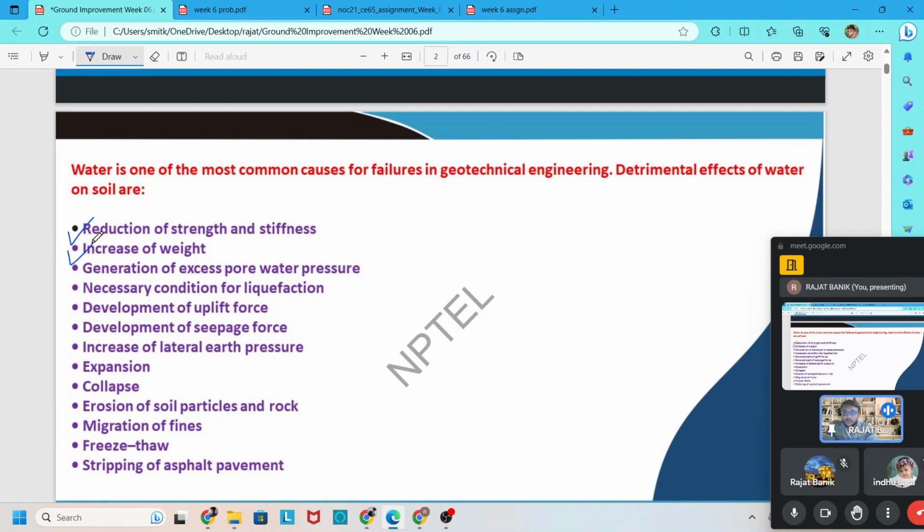Another is increase of weight. In case of slope failure, during the rainy season in hilly areas, a huge number of slopes fail, or we can say landslides happen. The reason is that if due to rain the soil is fully saturated, the water has weight and increases the weight of the slope.